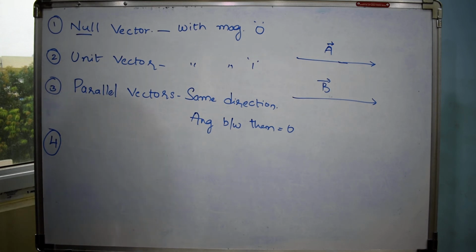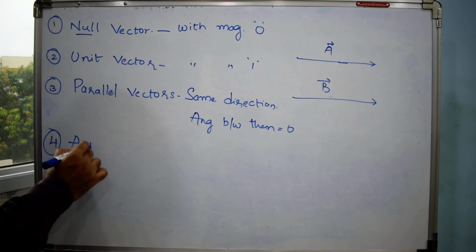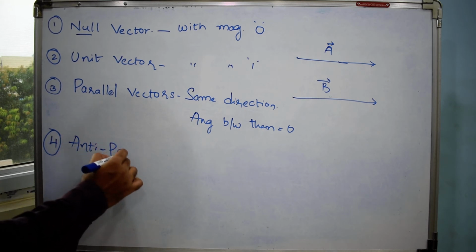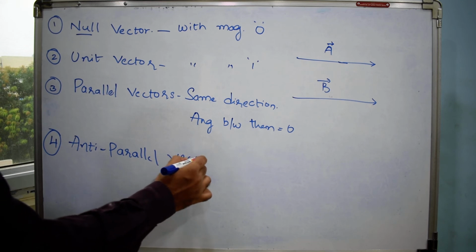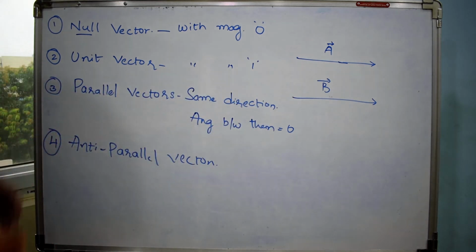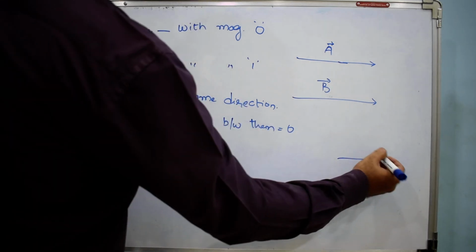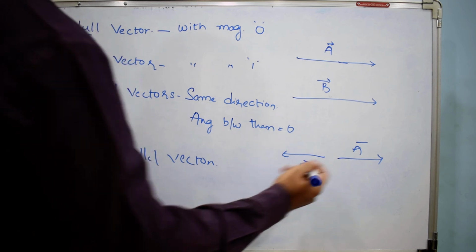is something called the opposite of parallel, being anti-parallel vectors. So anti-parallel vectors are those which are in opposite directions. Parallel vectors are in the same direction, and let's take C bar.